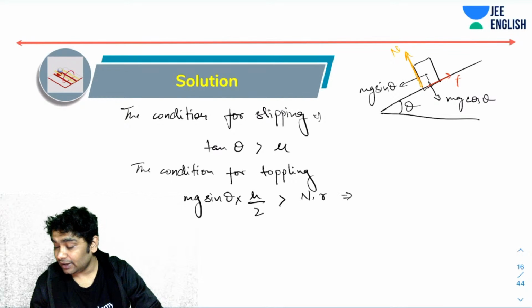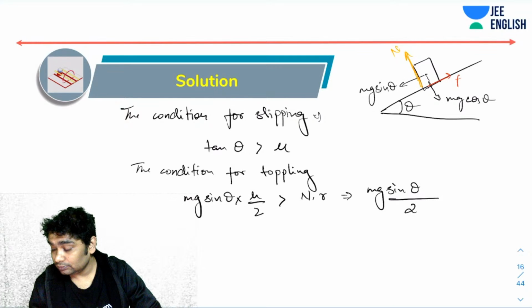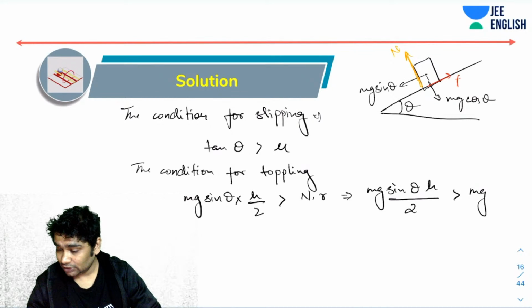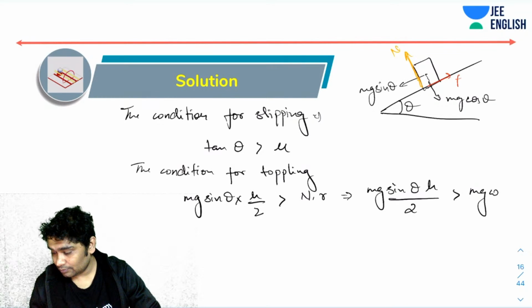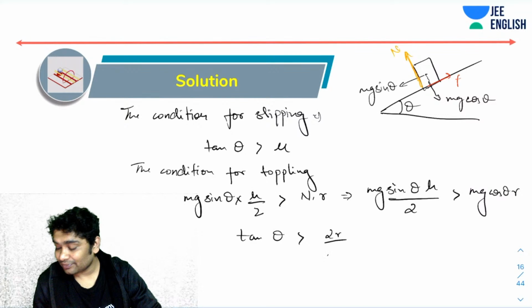So I can rewrite this as mg sine theta times h over 2 becomes greater than mg cos theta times r. Here I am getting the condition as tan theta greater than 2r over h.